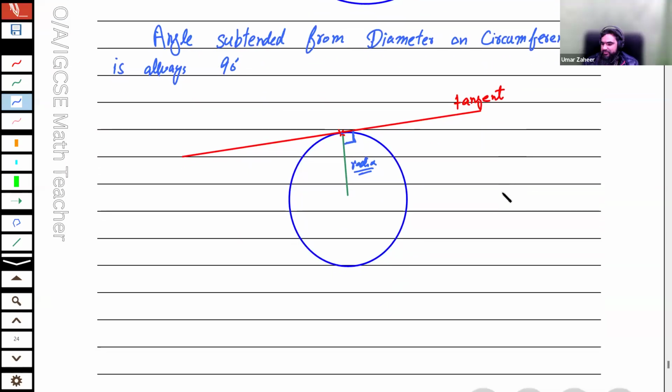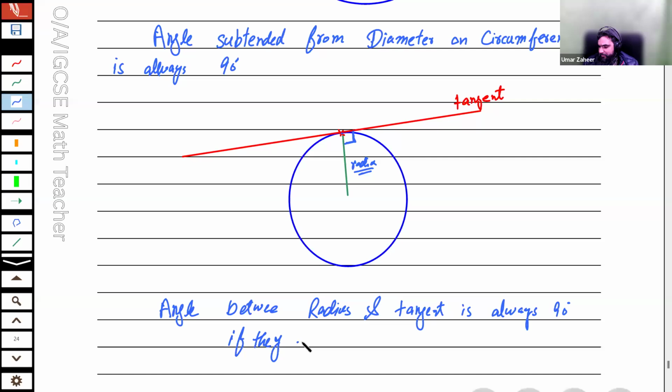The angle between radius and tangent is always 90 degrees if they meet at the same point.